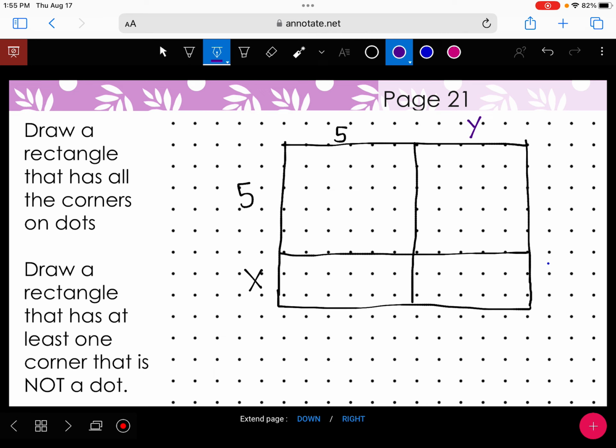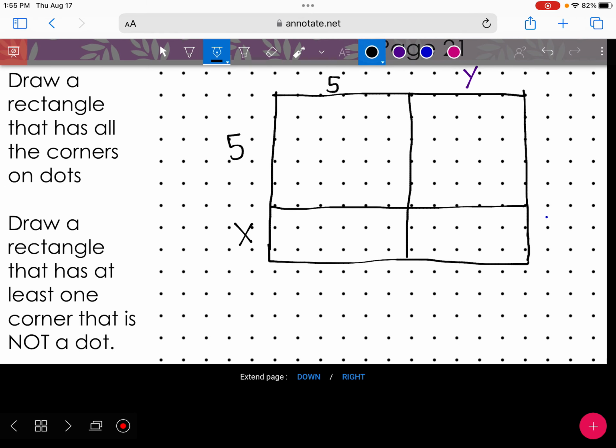Because it's a different piece, I don't know that these connect. I don't know that they're the same, so I can't call them both X. If they mean different things, we've got to call them different pieces. We can still write this as an area. Our area is still our length, which is this piece combined with this piece.